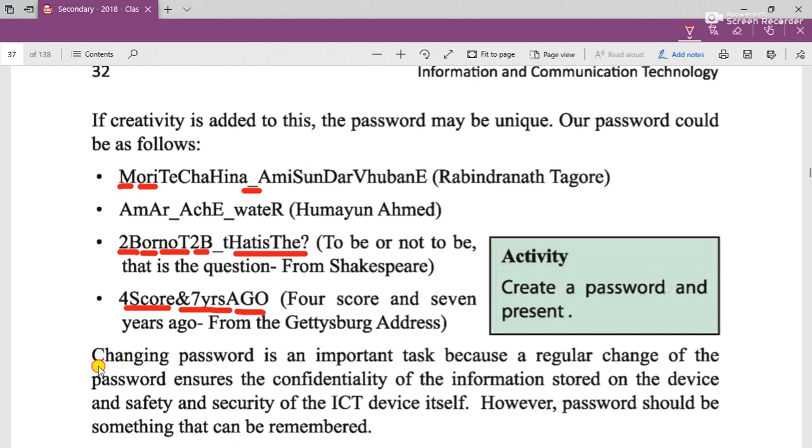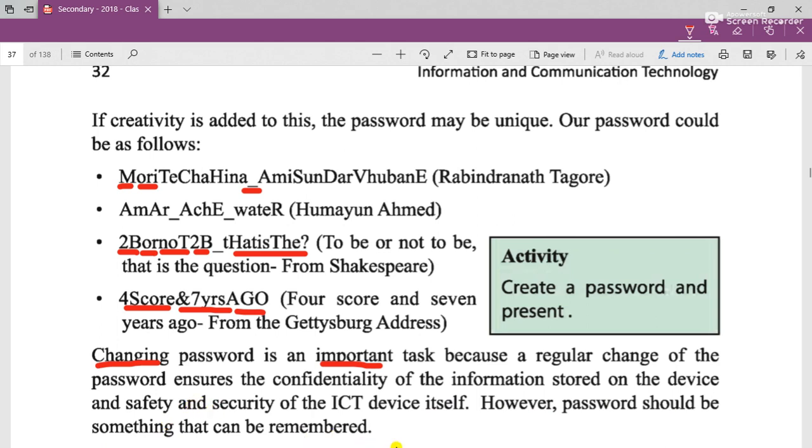Changing the password is an important task because a regular change of the password ensures the confidentiality of the information stored on the device and the safety and security of the ICT device itself. However, a password should be something that can be remembered.